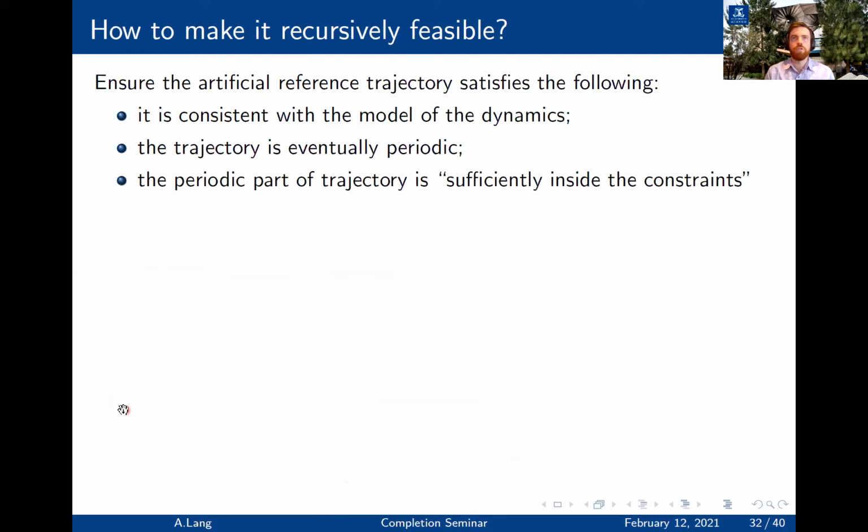So how do we actually make this approach recursively feasible? Well, it relates to ensuring that the artificial reference trajectory, which is used as the shifts for these sets, satisfies certain conditions. And that is that it is consistent with the model dynamics, that the trajectory is eventually periodic, and the periodic part is sufficiently inside the constraints.